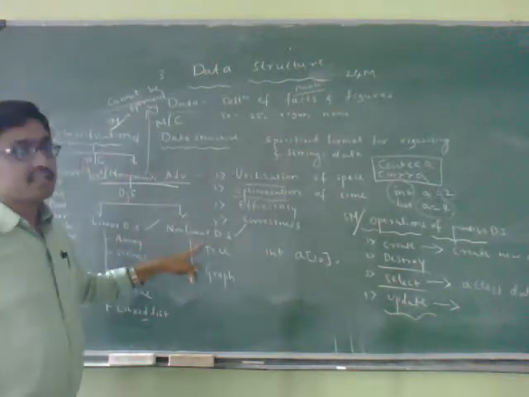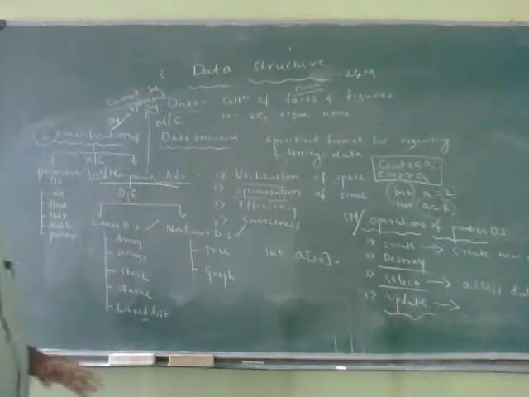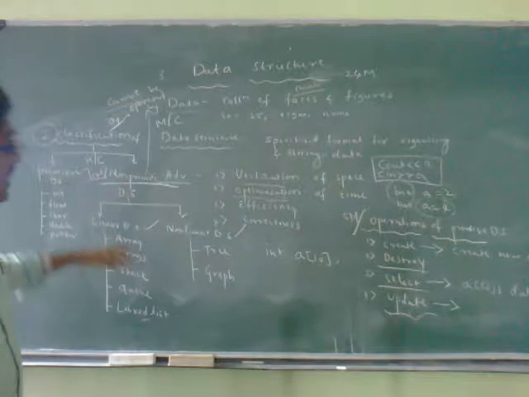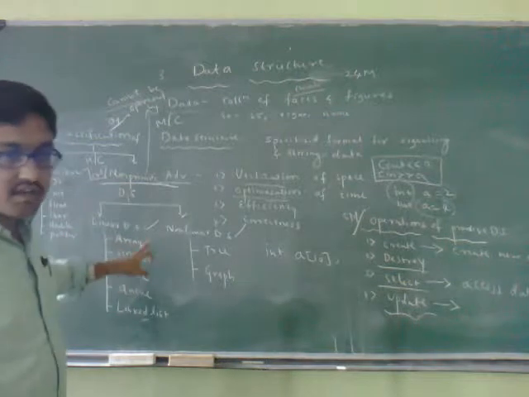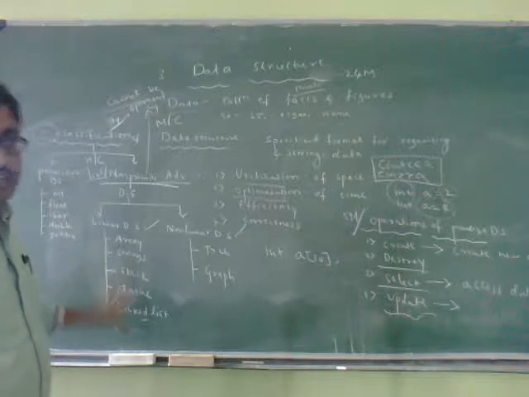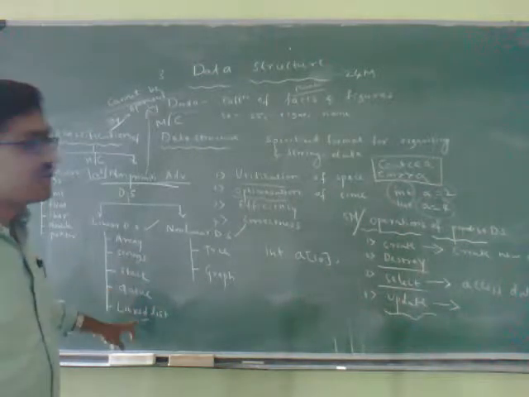Give the example for linear data structure. In first year you have already studied array and string. These are linear data structures. This year you have to study stack, queue and linked list.